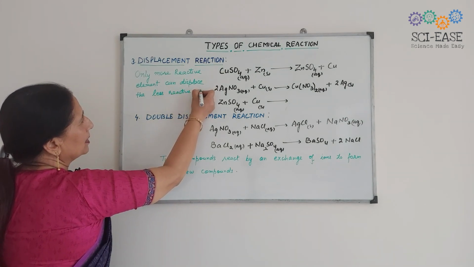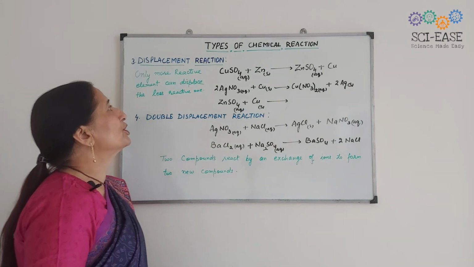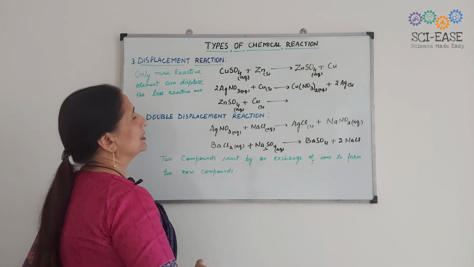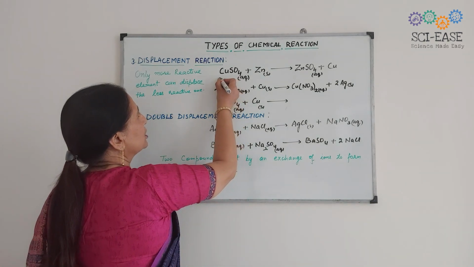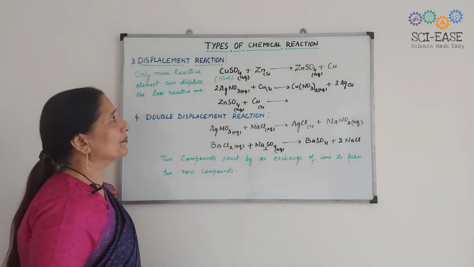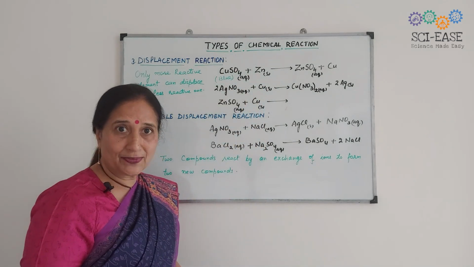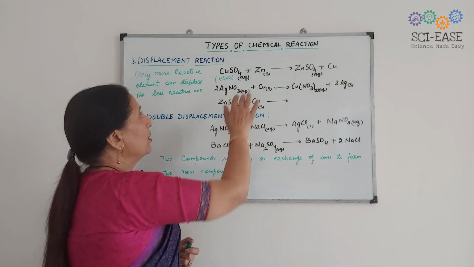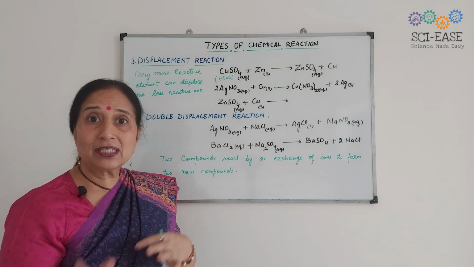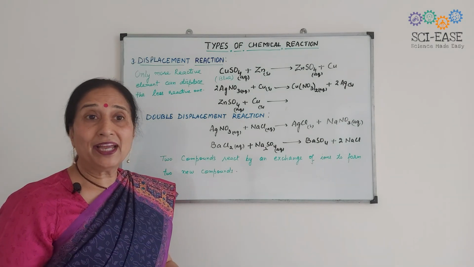The things will become more clear. We will take the aqueous solution of copper sulfate. Copper sulfate is blue in color. It's also known as blue vitriol. So it is a blue solution. We will put a zinc rod in it. What you will observe is that after some time, the solution will become colorless. Why?